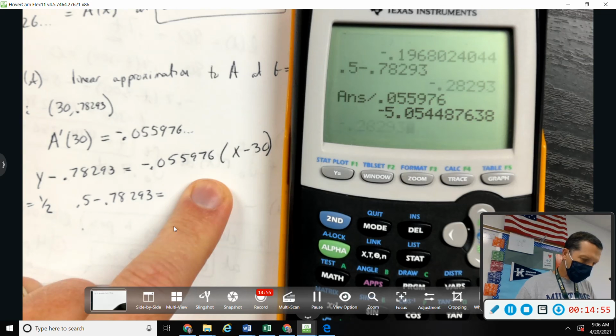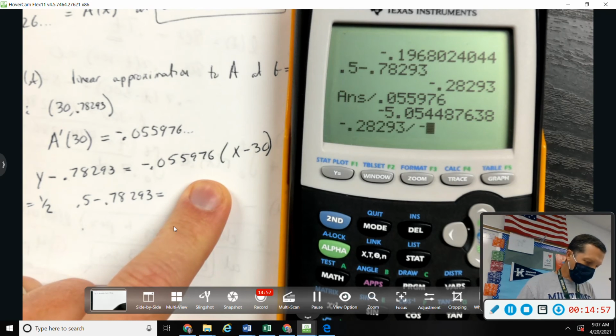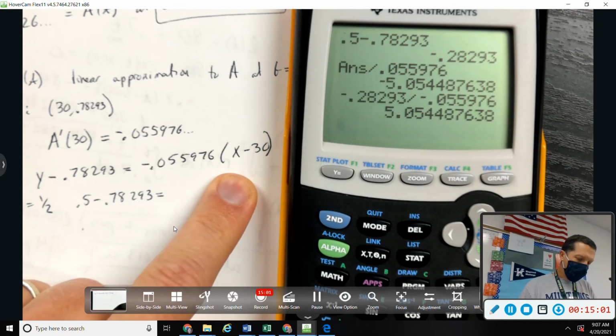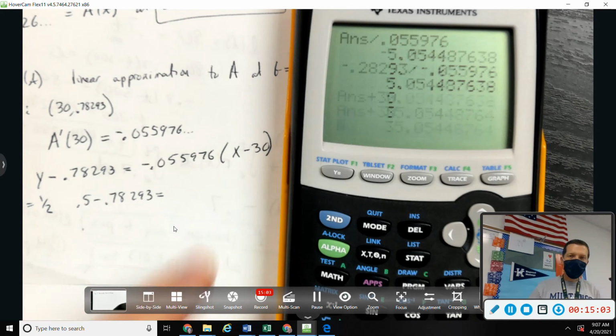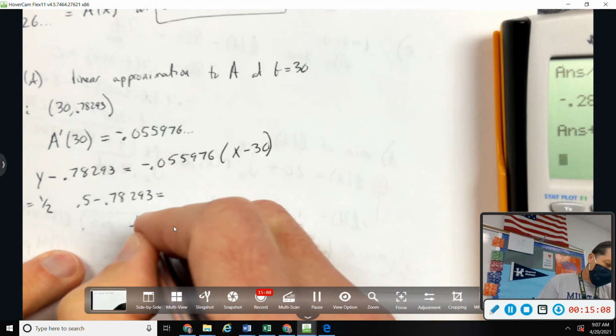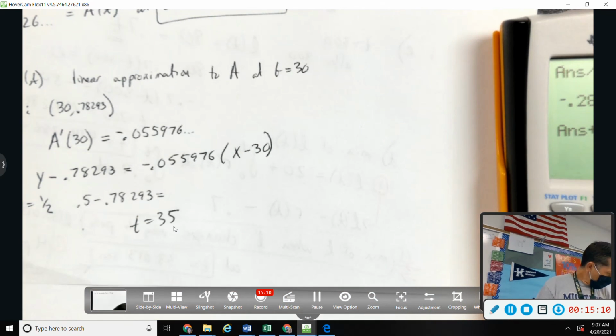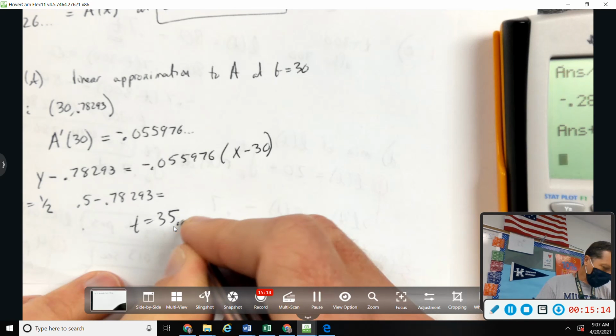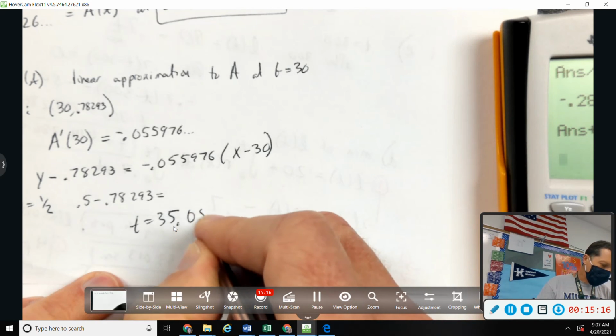That divided by negative 0.055976, and then add 30. So it's after 30 days. That's good. Otherwise, we would have been something not right. Predict the time. So it doesn't tell me what to round to, so 35.054 days.